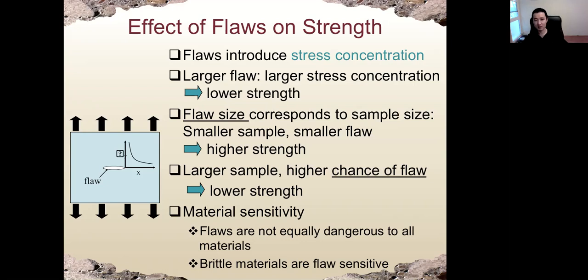With a smaller flaw size, by using a smaller sample, we have higher strength. So that's the reason why, when we increase the size of the sample, we reduce the strength: we have a higher chance of flaws, and the size of a flaw is also increased. So these two reasons.